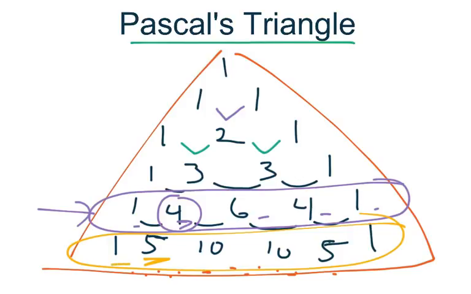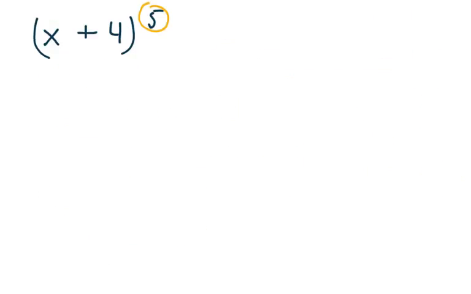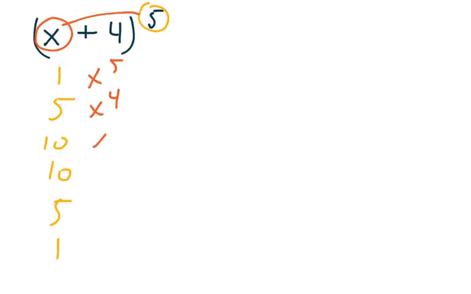It goes 1, 5, 10, 10, 5, 1, right? Again, the first term x will have a 5 power on it. So it's going to go x5, x4, x3, x2, x1, x0, but again, that's just 1.